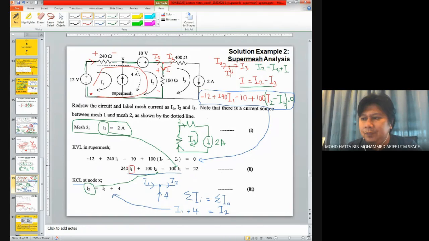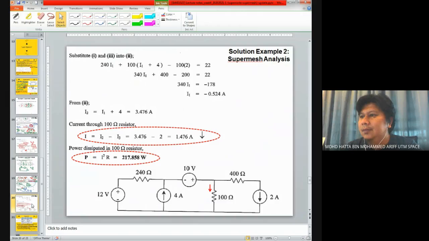So first you can put I3 inside here and also I2 inside here, and you can solve for I1. Right. Here is the solution that I mentioned earlier, where I put I2 and I3 over here, and I will get the value of I1 easily.